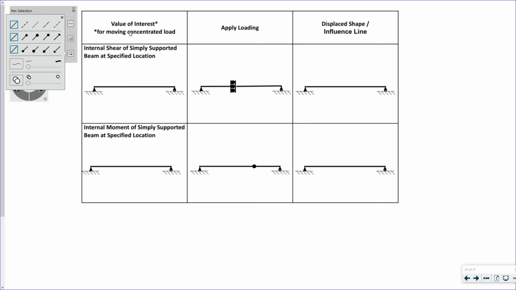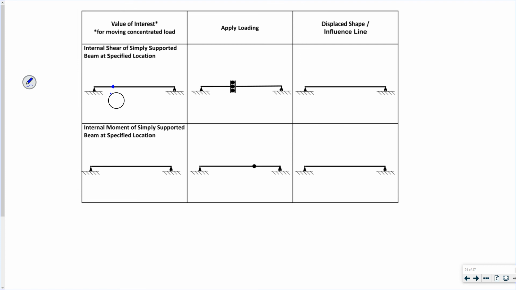Now I'm going to look at some internal stresses. I want to look at shear at this location right here. I'm just going to call it V, right? Well, V at this location, C. So I cut the beam at C, right?